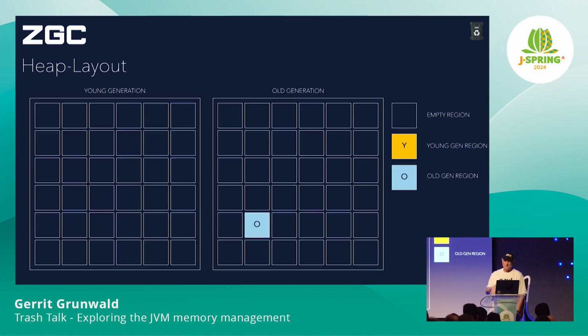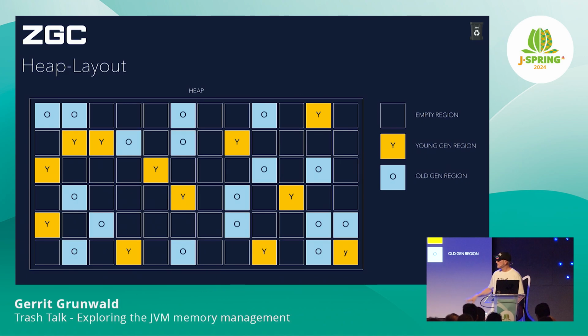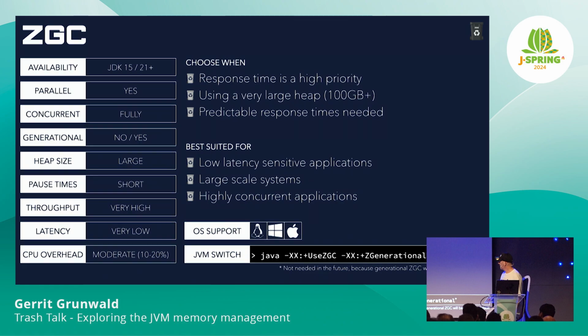They will be promoted, and then it's an old generation region. These are not really separated regions, so it looks like this, right? We have young and old ones. This is how ZGC is organized. So they got rid of the survivor spaces, and aging means surviving garbage collection cycles, right? This is the idea. I don't have lots of details on that one because I will come to another one, and this is just more or less a copy of that.